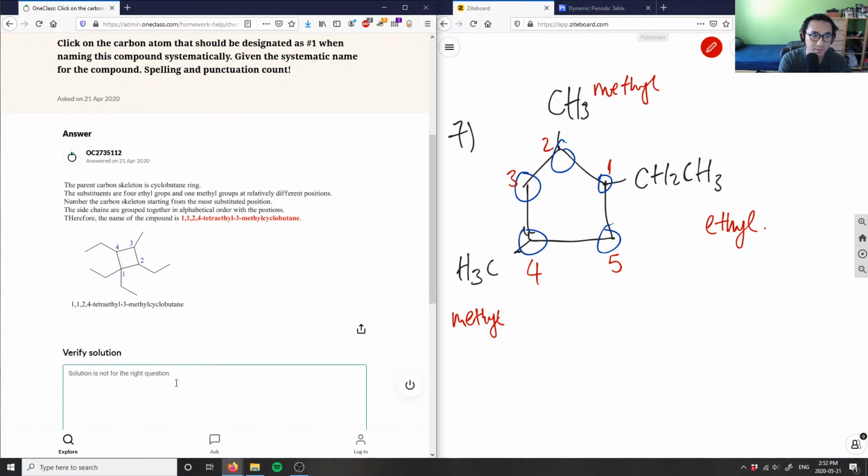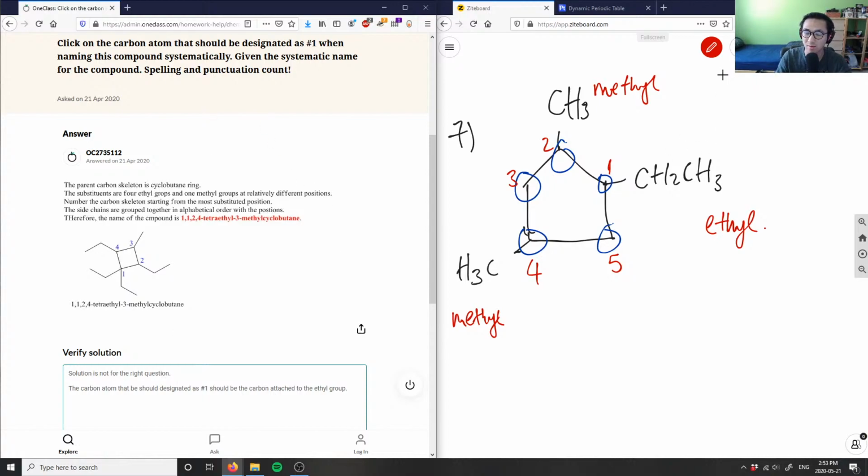So I can say that the carbon atom that should be designated as number 1 should be the carbon attached to the ethyl group. That's it. And then I also want to name this guy, right?